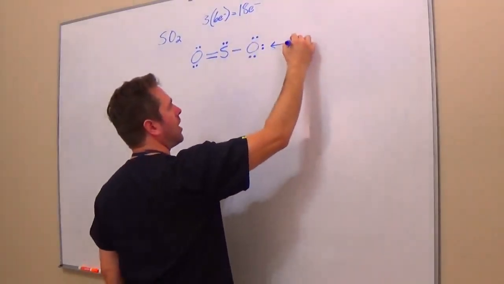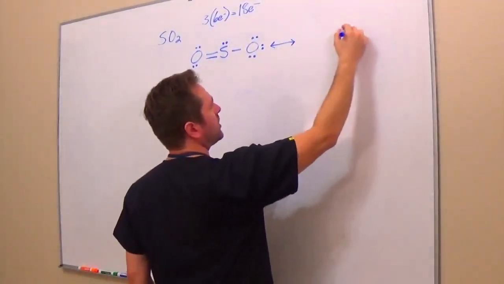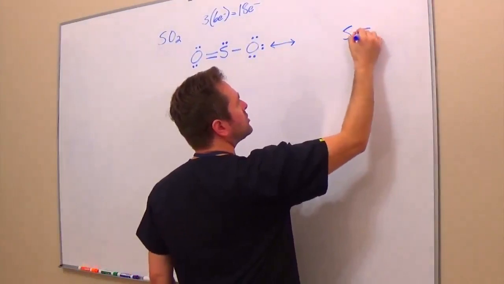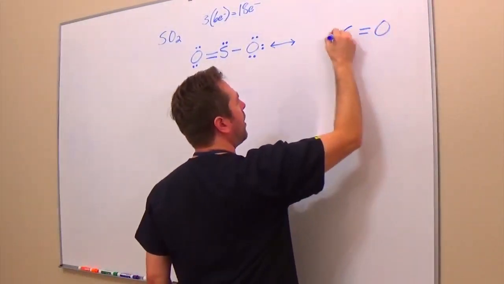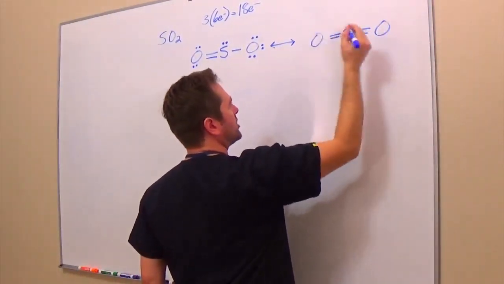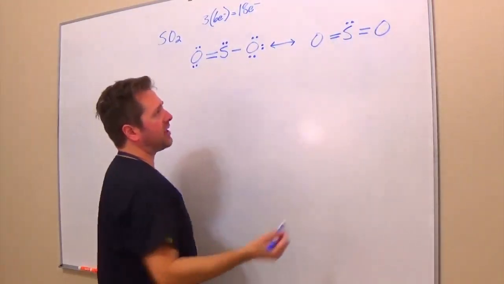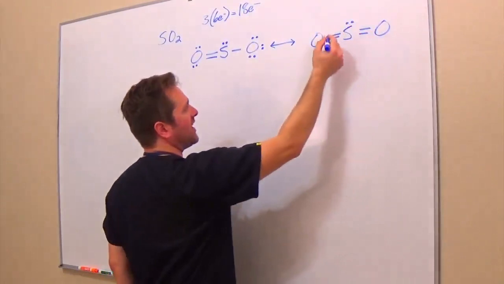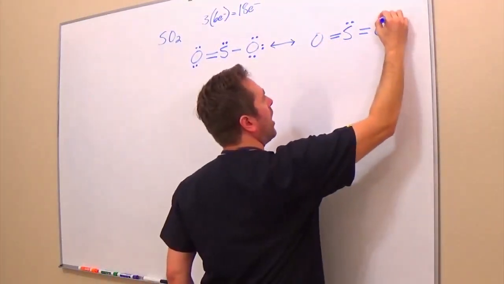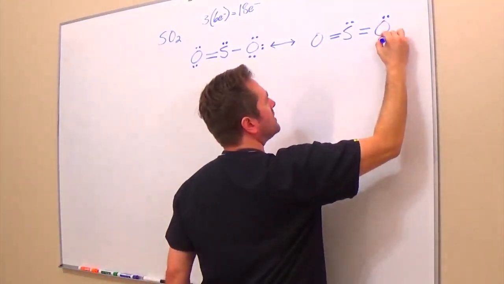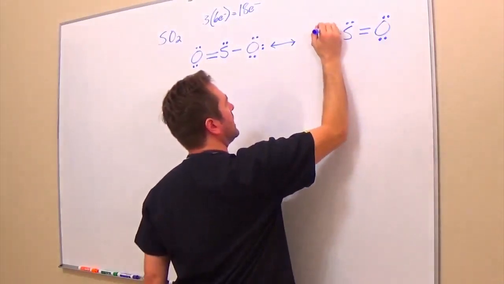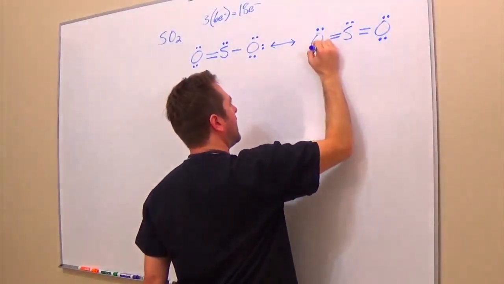Besides the one that I just talked about, we could have a situation like this, where sulfur shares a double bond with both oxygens, and still, remember, we've got to account for 18 electrons. So 2, 4, 6, 8, 10, 12, 14, 16, and 18.